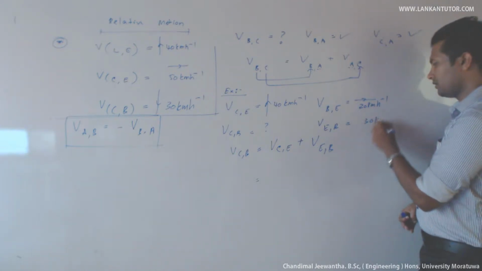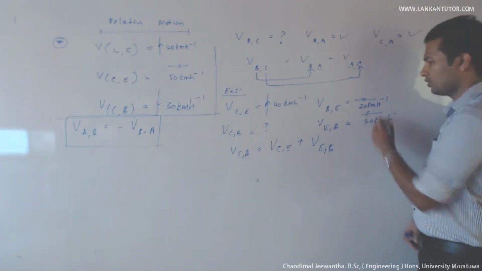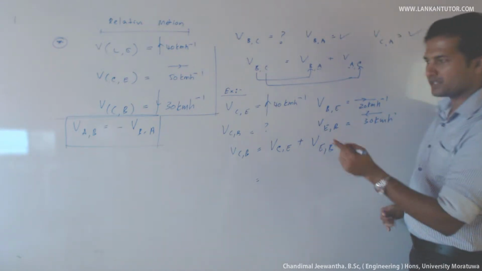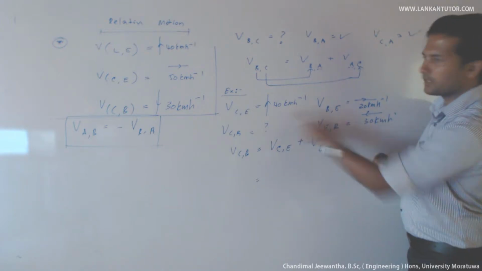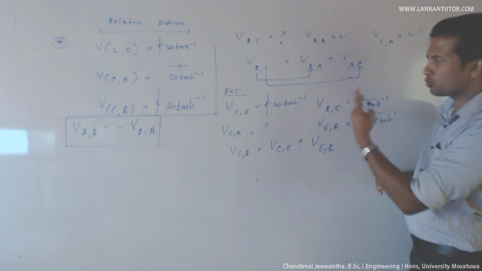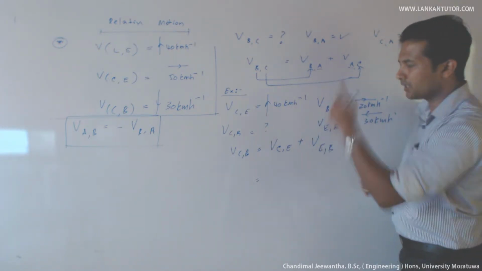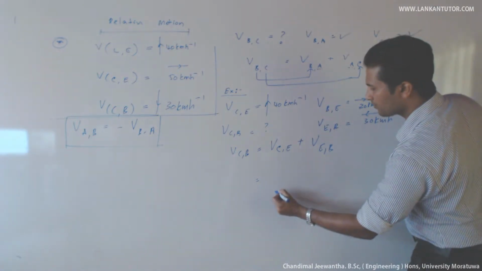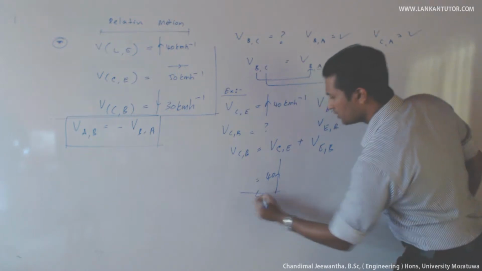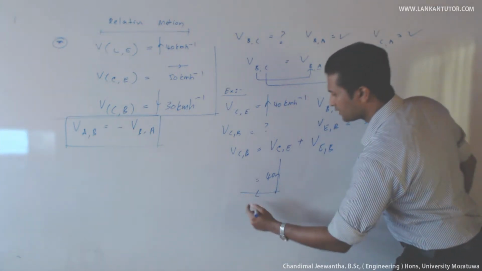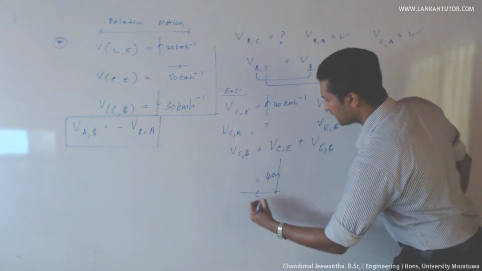Then, as I mentioned earlier, take these two vectors away from a particular point. So 40 upwards, 30 towards left, which means towards west.